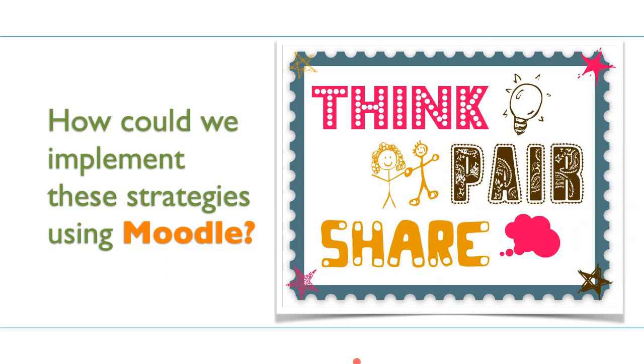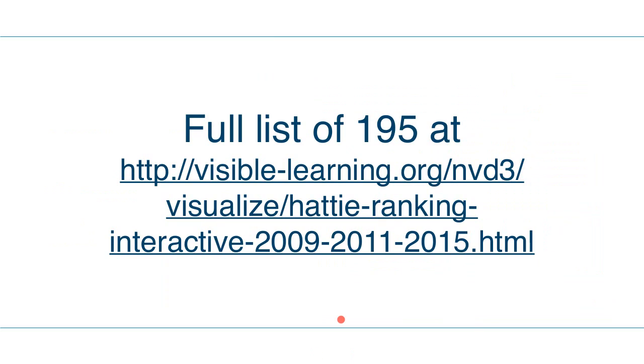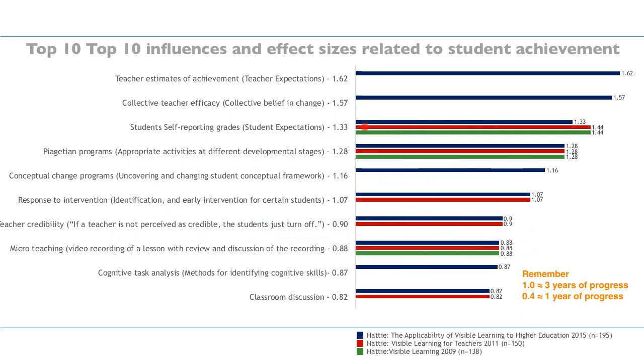So I shall switch back to the previous slide. Sorry, Gareth, was it this one that you wanted? There's a link to that full list there, and I'm going to pop back to the top 10 influences. So that's the list that we're going to use for the activity.